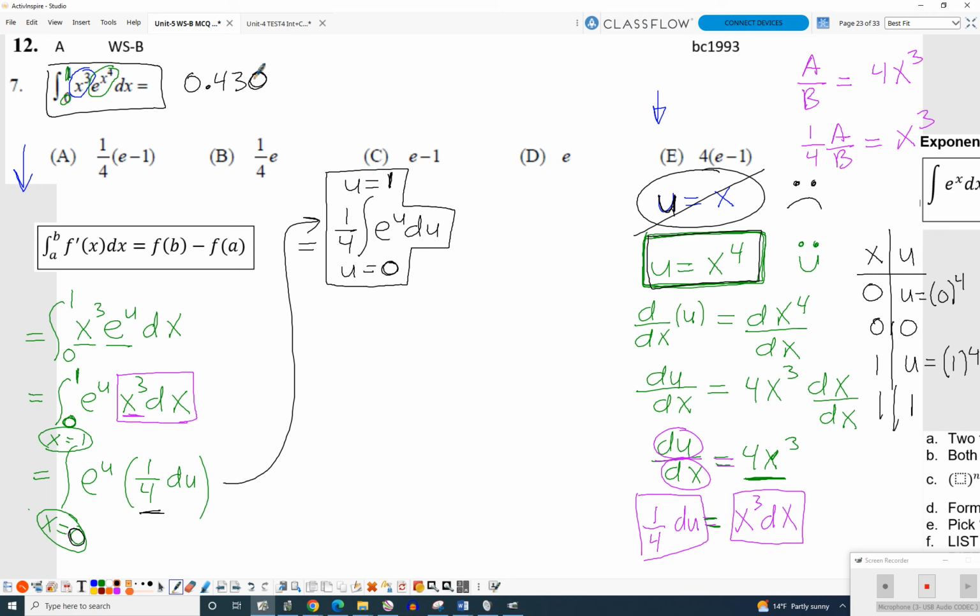Now type in this integral. And they should be the same if we haven't made an error, because they are equivalent. They're equivalent integrals. So type in that one.